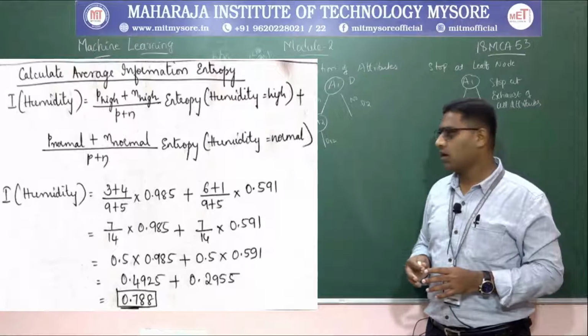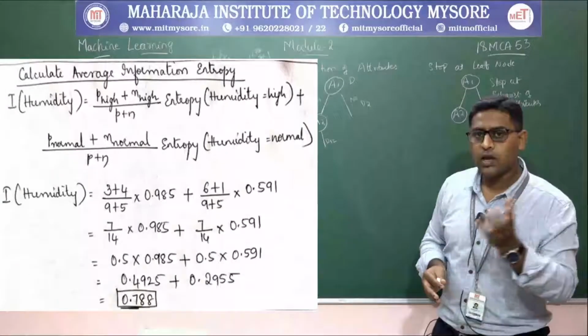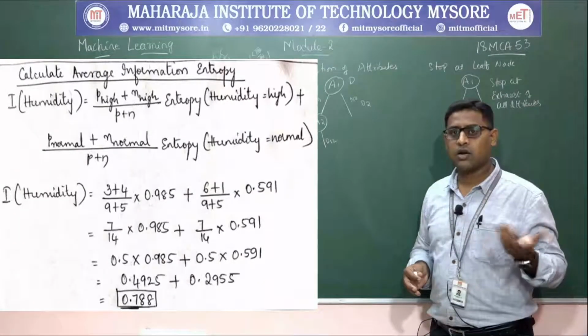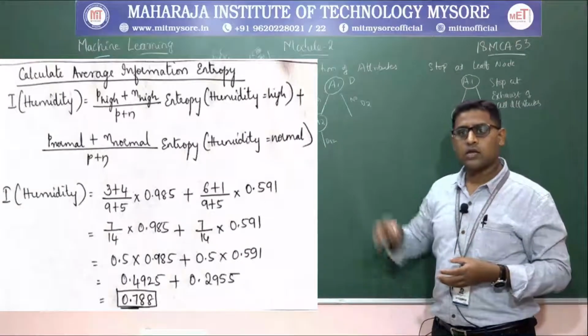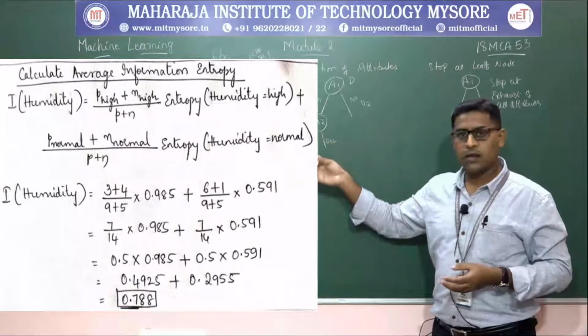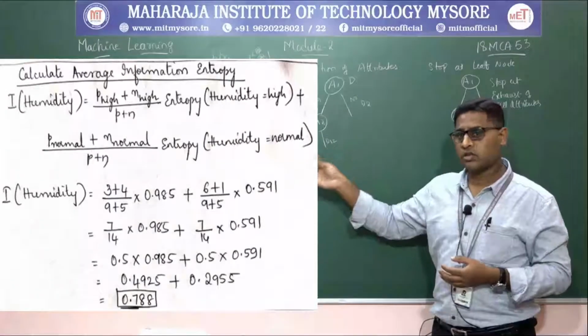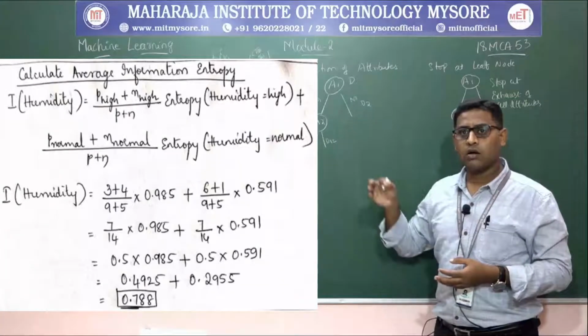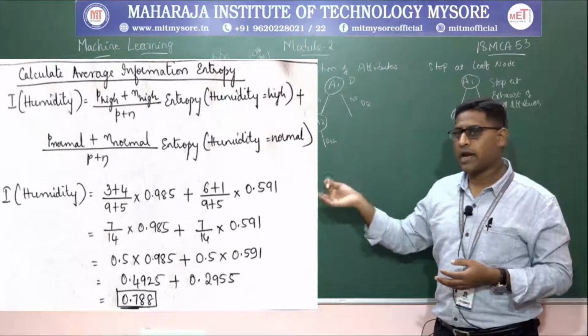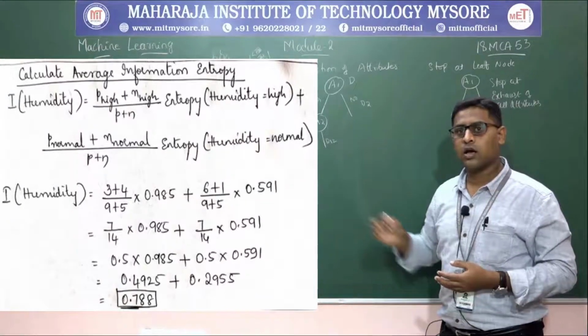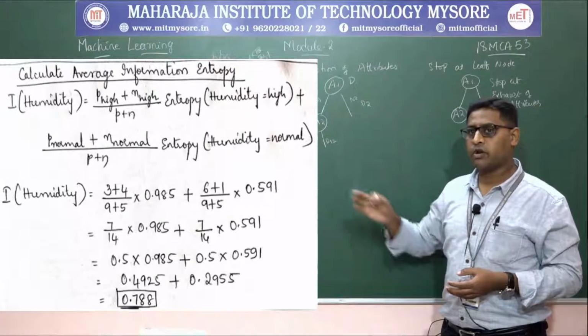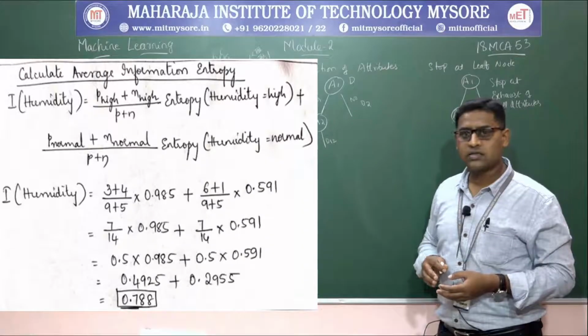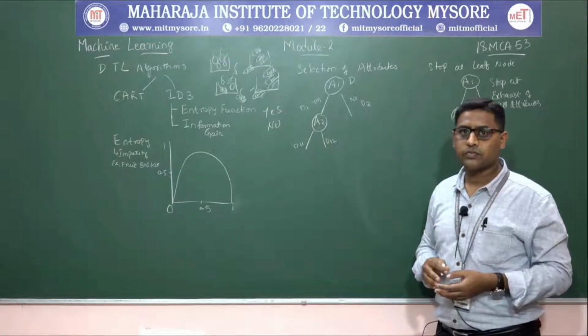Next you need to find out the average information entropy, similar to what we found earlier for temperature and outlook. It is the same formula, and you substitute the values of humidity high and humidity normal. Then the average information entropy for humidity will be 0.788.